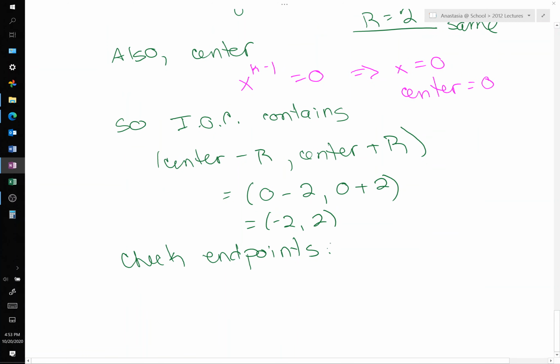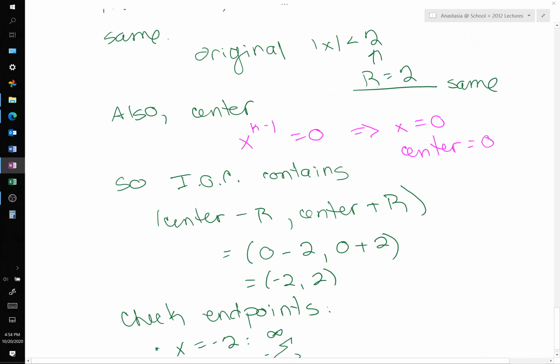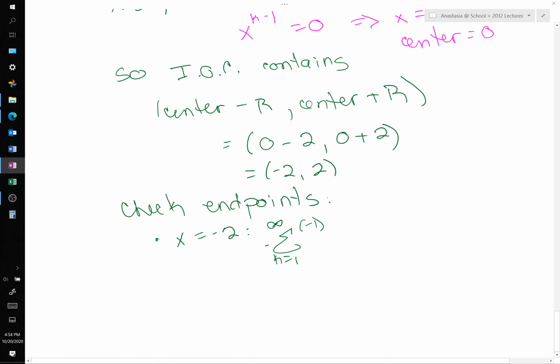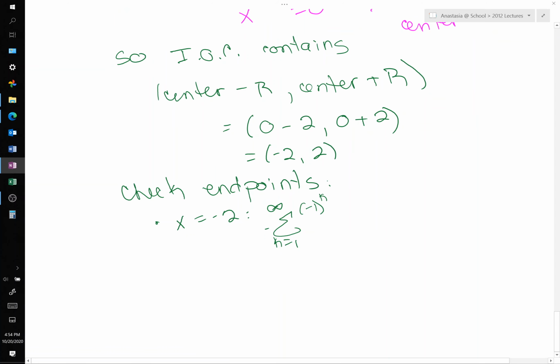So, starting off with x equaling negative 2. We have the sum from k equals 1 to infinity, well, negative of that, although that's not going to change our convergence or not. Then we have negative 1 to the k times x to the k minus 1 over 2 to the k plus 1.